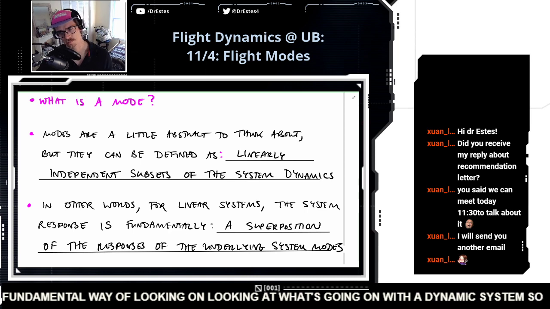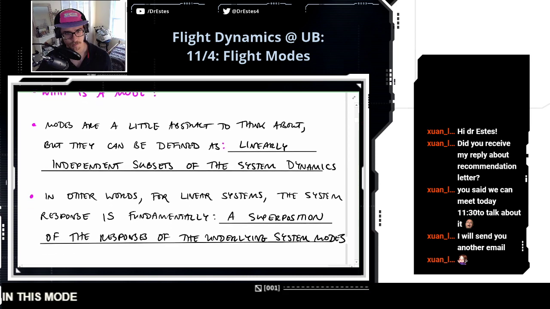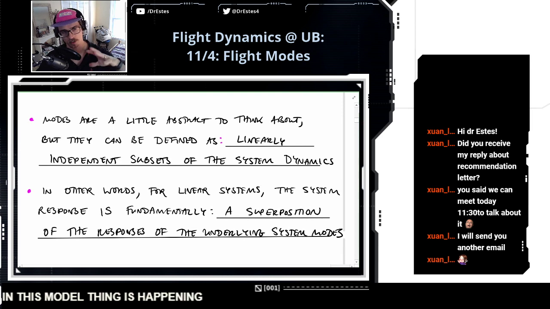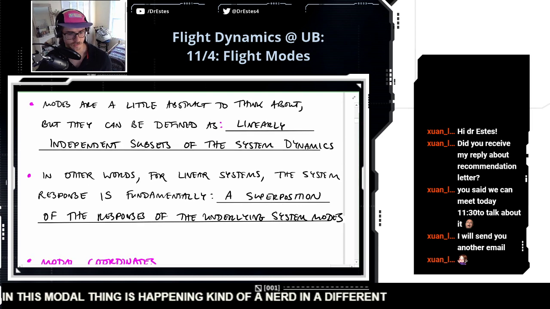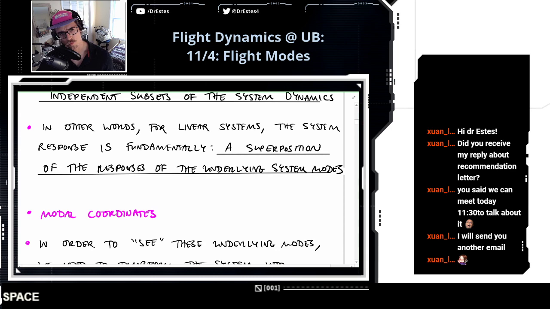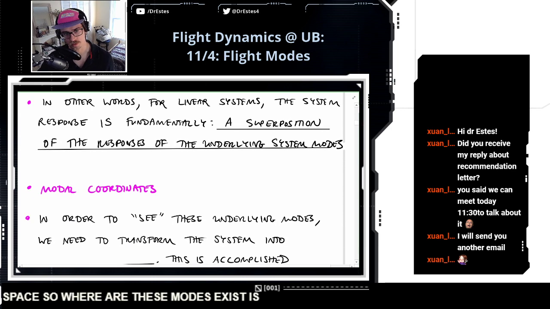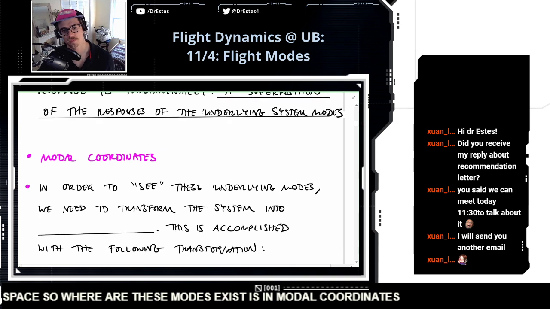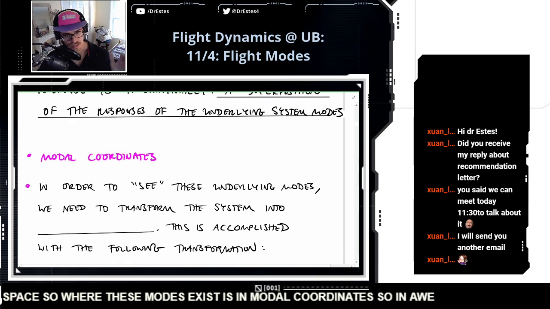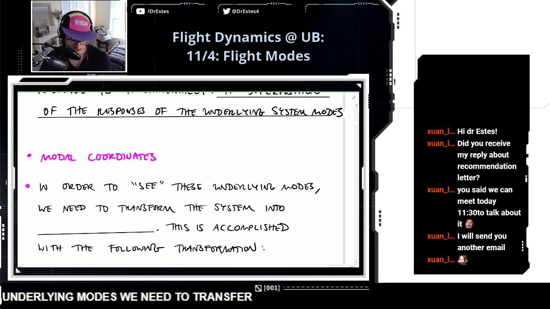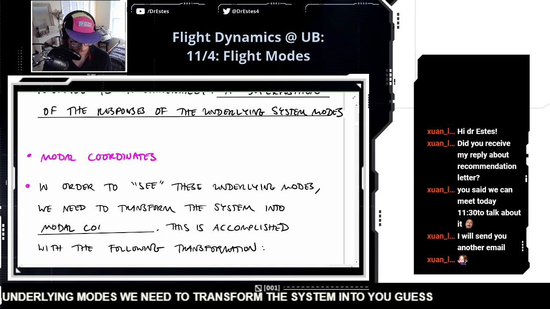And this modal thing is happening in a different space than the physical space. Where these modes exist is in modal coordinates. So, in order to see these underlying modes, we need to transform the system into, you guessed it, modal coordinates.